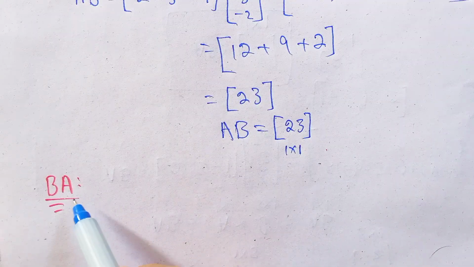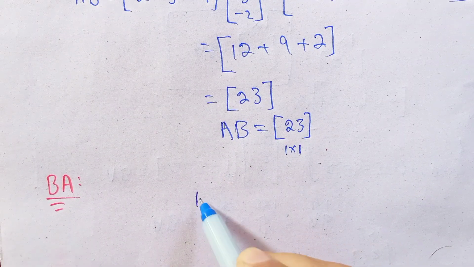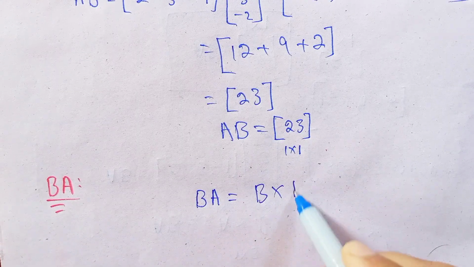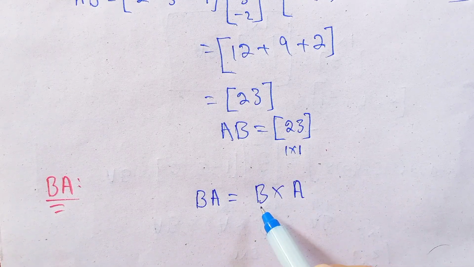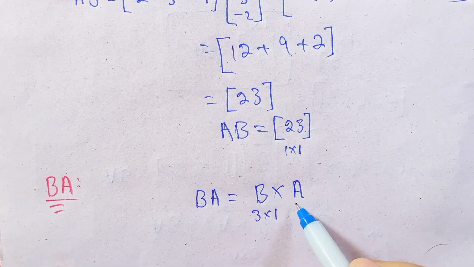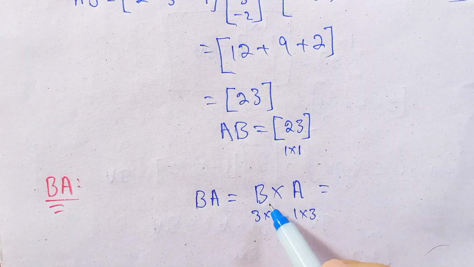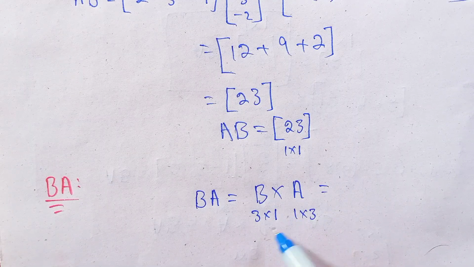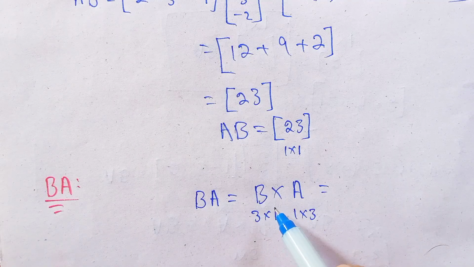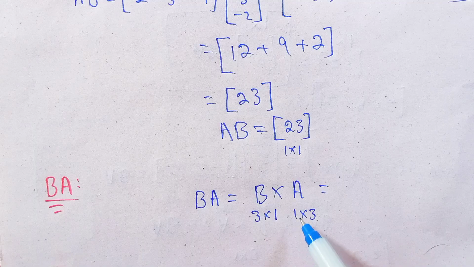Now we are going to find out the value of BA. So here BA equals B cross A. The order of matrix B is 3 by 1 and the order of matrix A is 1 by 3. So is the multiplication of the two matrices defined? Yes, it is defined, because the number of columns of the first matrix, which is 1, is equal to the number of rows of the second matrix, which is also 1.